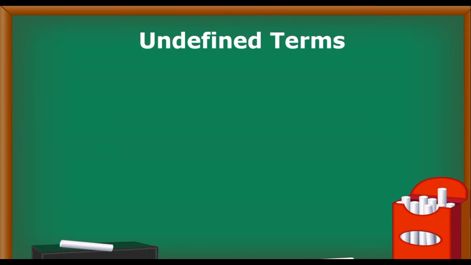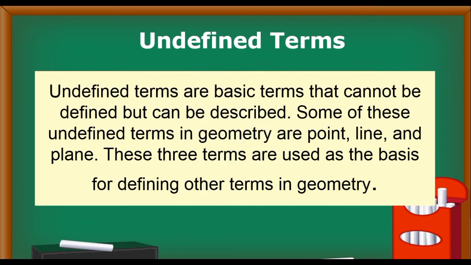Let us first identify the undefined terms. Sino-sino ba yung undefined terms? So when we say undefined terms, those are the basic terms that cannot be defined but can be described. Ibig sabihin, wala siyang eksaktong definition pero pwede natin siyang i-describe. Some of these undefined terms in geometry are point, line, and plane.